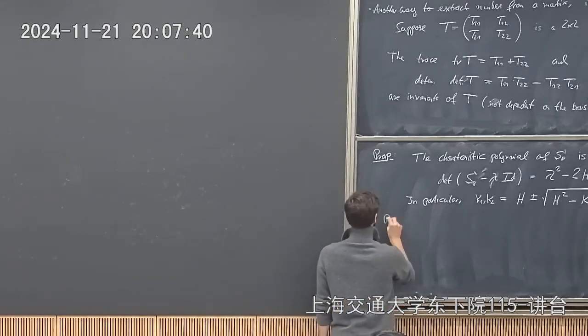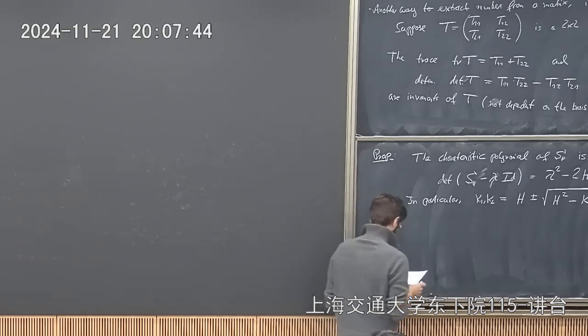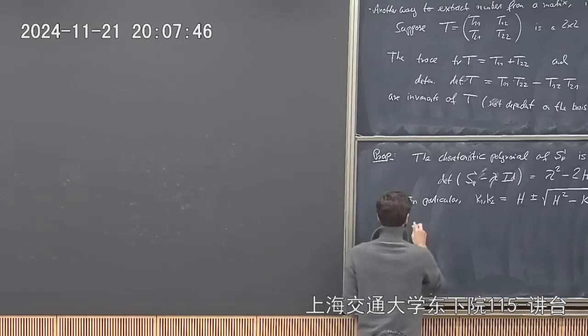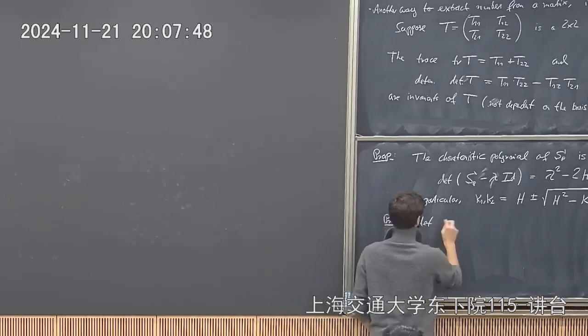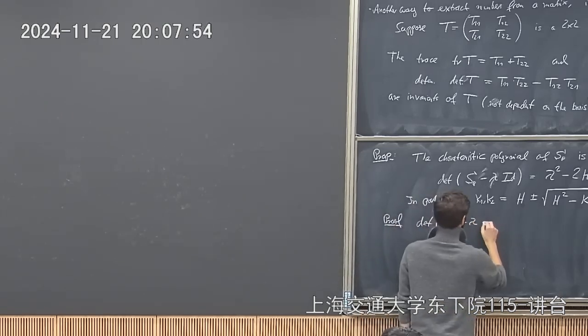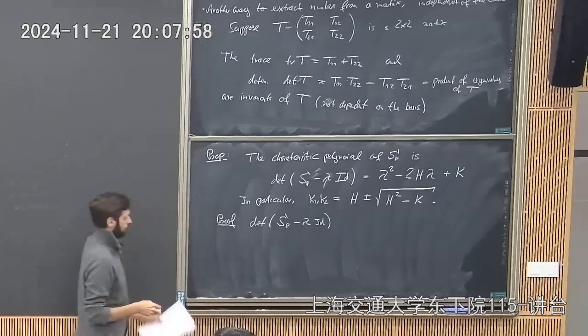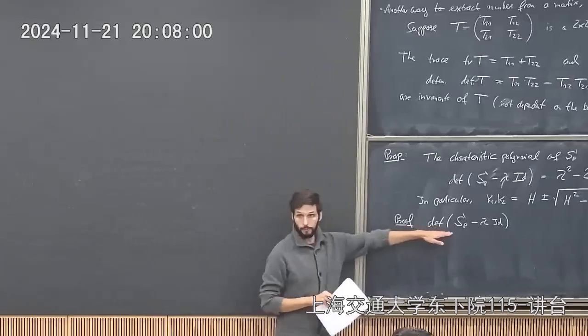And let's have a look at the proof. So the determinant of S of P minus lambda times the identity. The determinant doesn't change on which kind of basis we choose.